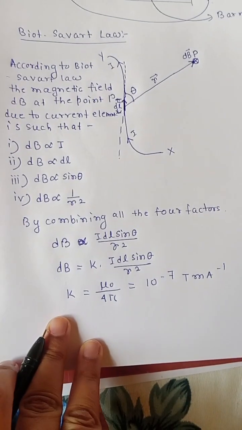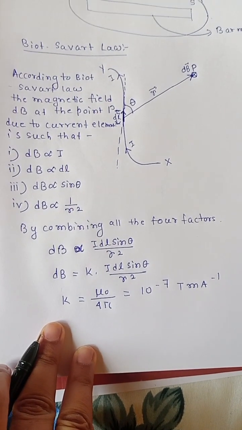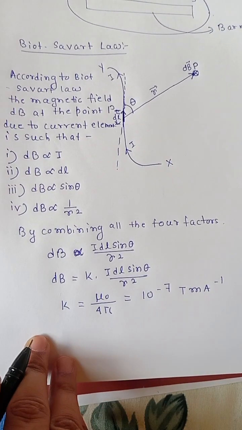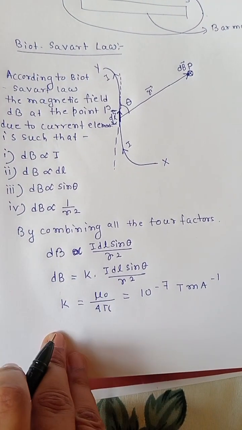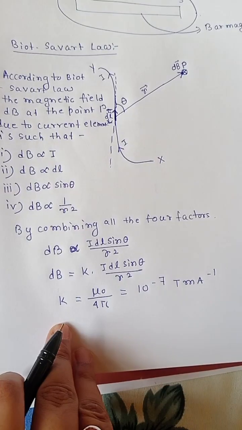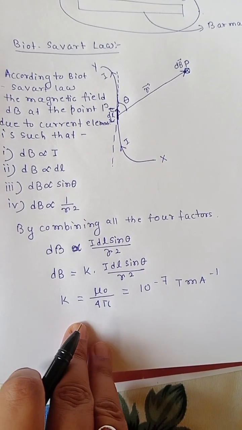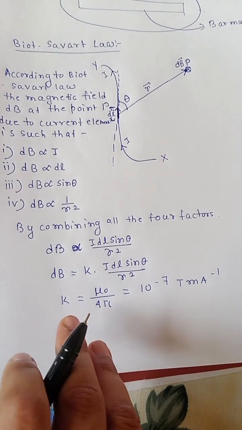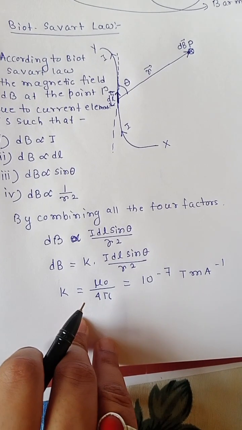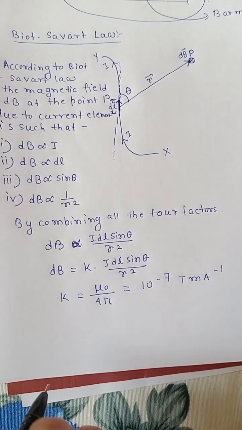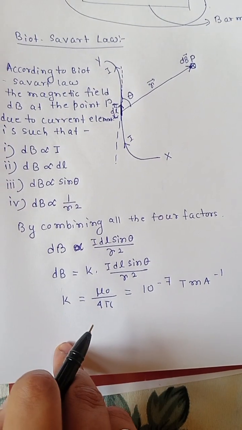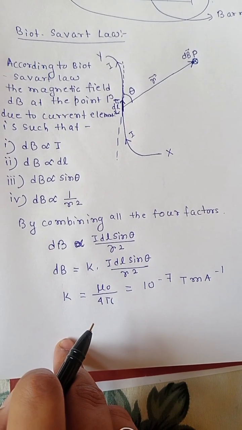So you can understand what Biot Savart law is. It is a law which gives us the magnetic field due to a current element. When we consider a small current element, then you can use the Biot Savart law.